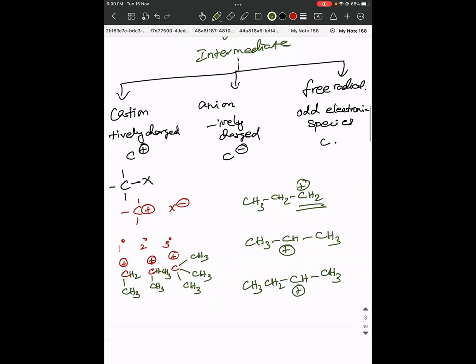Primary amine, NH2; secondary amine, NRH; or tertiary amine. So the nitrogen which contains two hydrogen is a primary. The nitrogen which contains one hydrogen is a secondary. The nitrogen which does not have hydrogen is a tertiary. But it should have three groups. You have to identify the primary, secondary, tertiary.